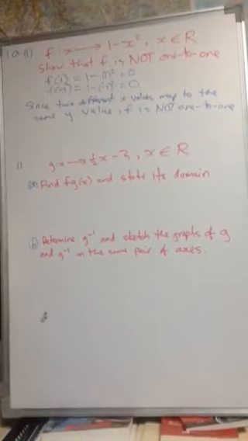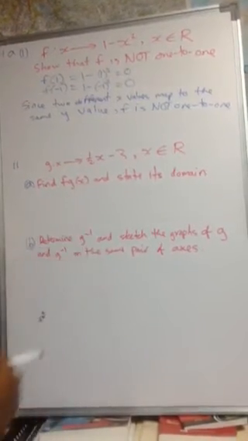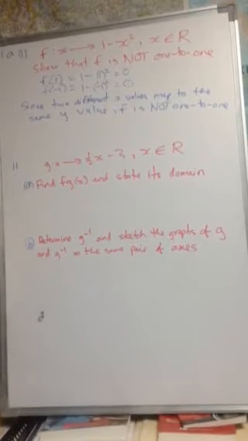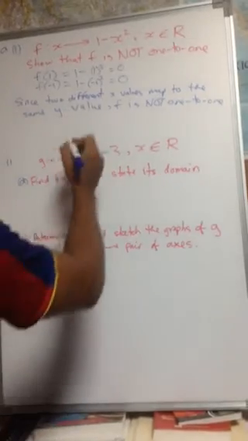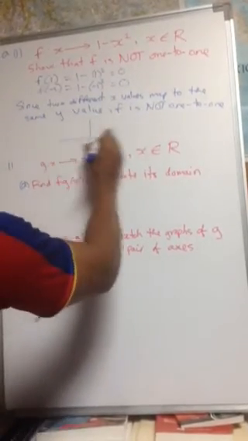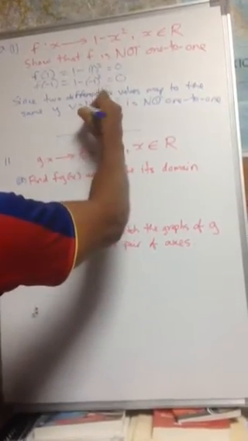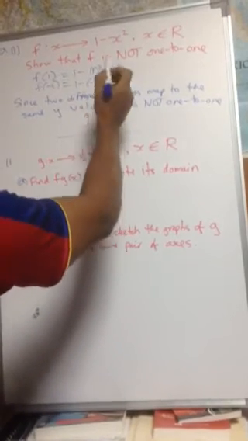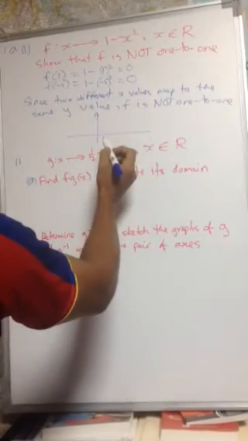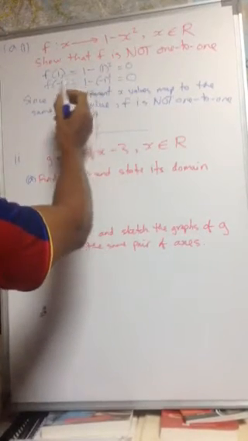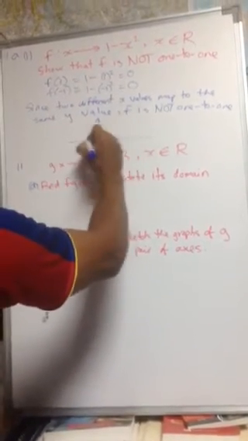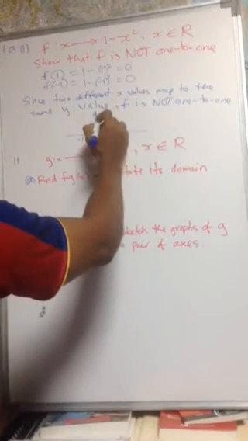horizontal line test. 1 minus x squared, you should know from your quadratics, is going to be a maximum curve. So if I draw a rough sketch, it will have a maximum value of 1, and the two x-intercepts, we actually just found them, the x-intercepts occur where y is equal to 0, are minus 1 and 1.